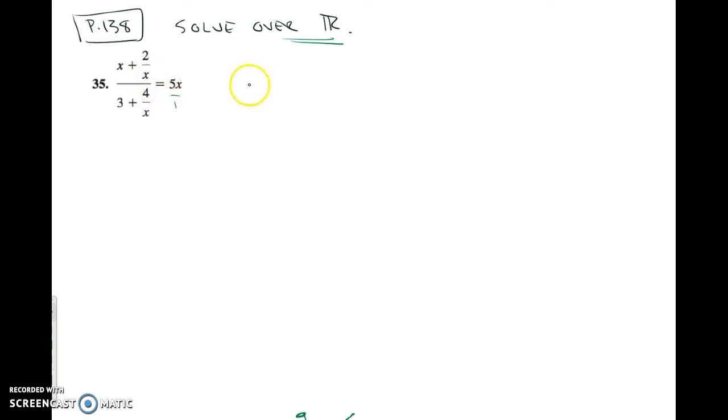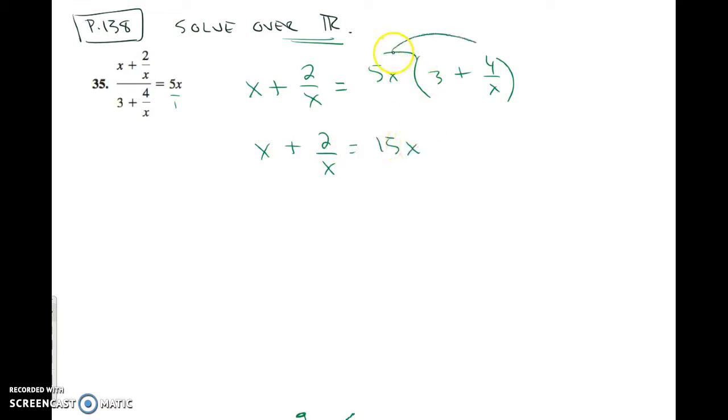So I get (x plus 2) over x equals this times this. I'm just going to write it out so I don't skip too many steps and screw it up. All right, so expand. (x plus 2) over x equals 15x plus 20.